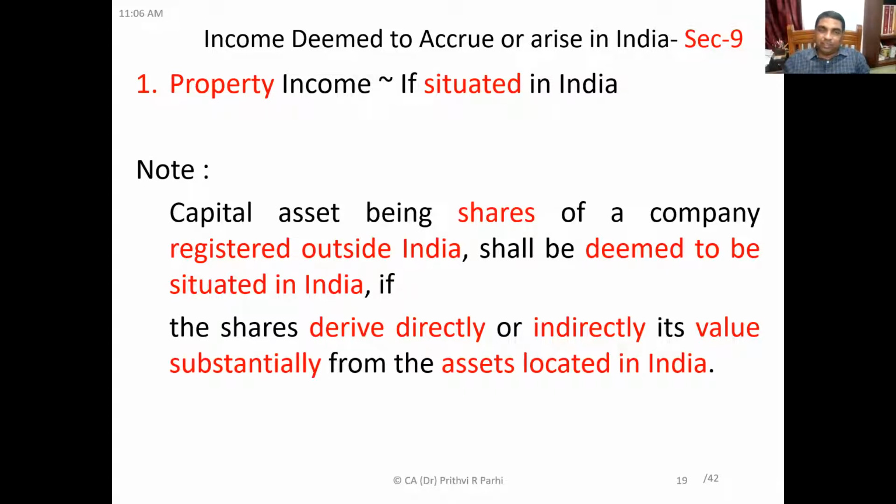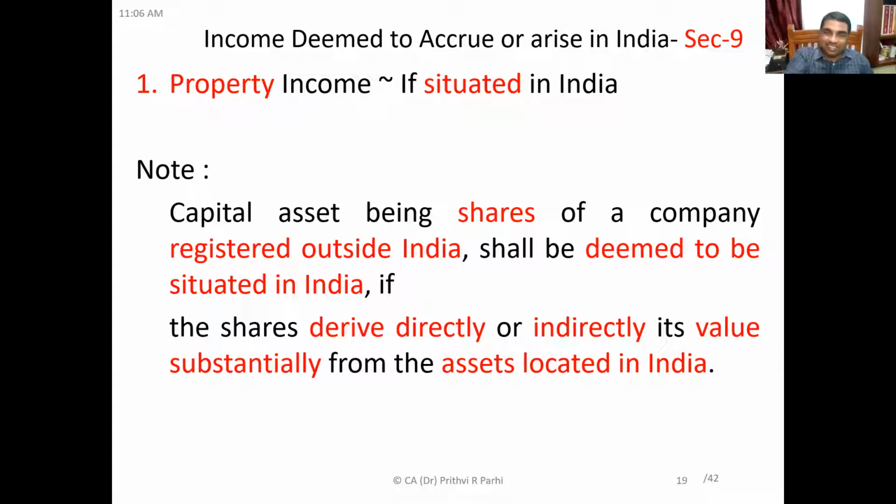Now, but if you're talking about property shares of a company, and the company is registered outside India, that means think of a company which is registered in Singapore, and you are having shares of that. But still, that income shall be deemed to be situated in India if the shares derive directly or indirectly its value substantially from the assets located in India.